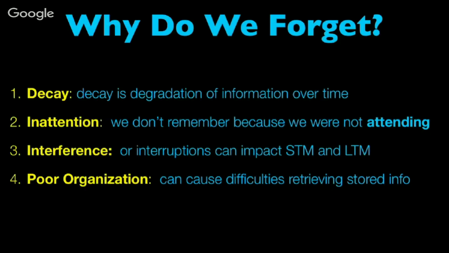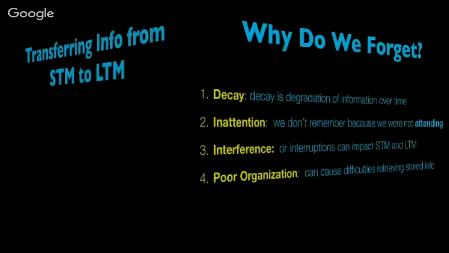Maybe it's there, but it's in a very inefficient format, or it's not strongly encoded in neural networks. So it may be very fuzzy, it may be confused with other items, which is why you can't retrieve it properly. So organization, interference, interruptions, inattention, decay, these are all reasons why we may forget information or have trouble retrieving it, and this can occur at various stages of the memory according to this three-stage model.